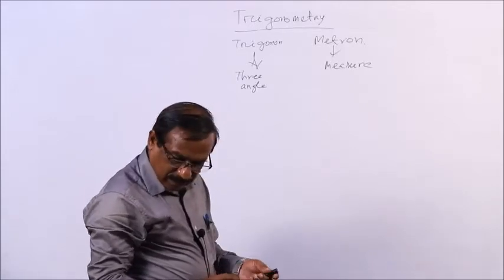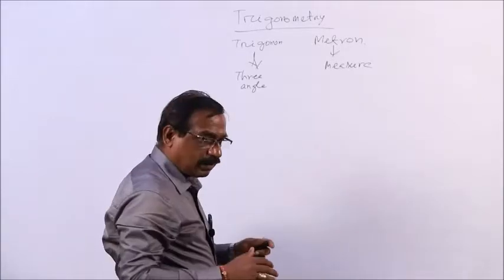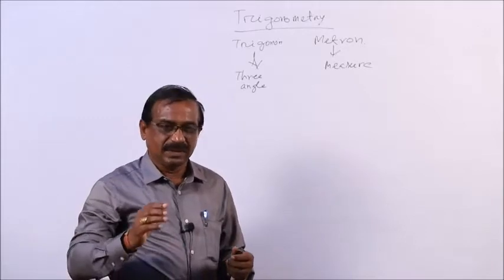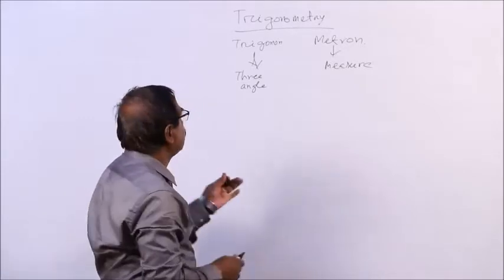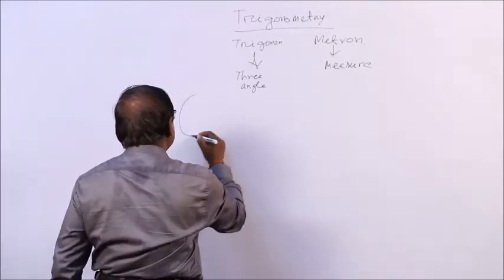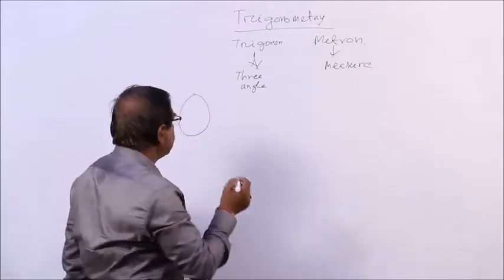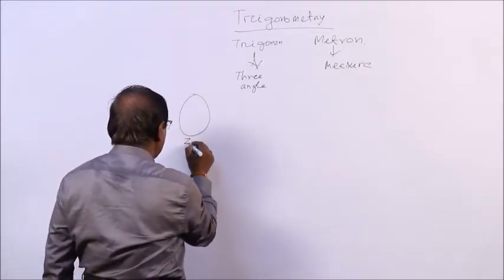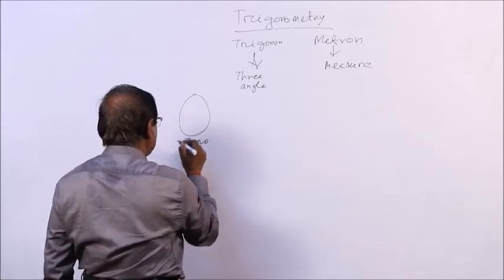Now, you all are aware of these things. You see, our number system originated from this angle concept. Here, this is called 0. Why is it called 0? Because this is no angle.